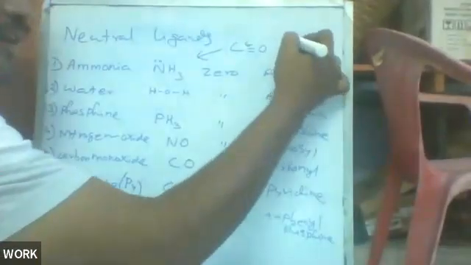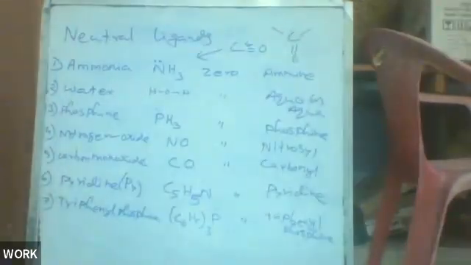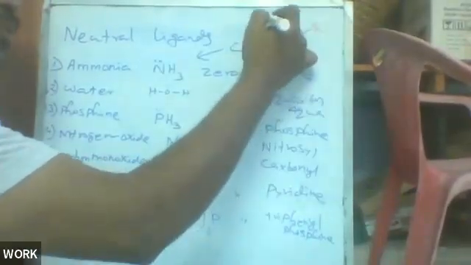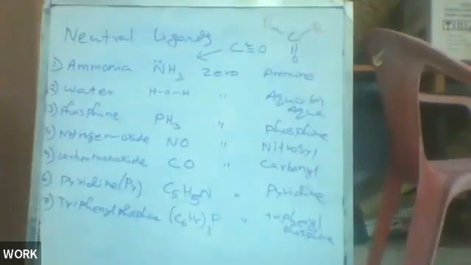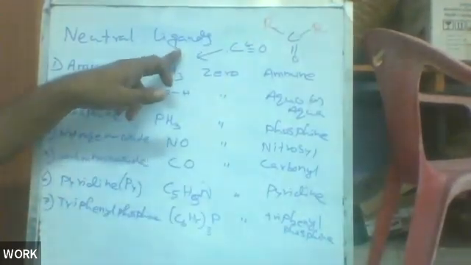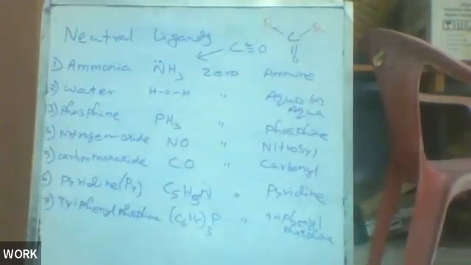When it becomes like a ketone, this oxygen can donate, when it has R groups. Suppose, if it is in the carbon monoxide form, it will donate through the carbon. In case of ketone, the oxygen will be the donor.